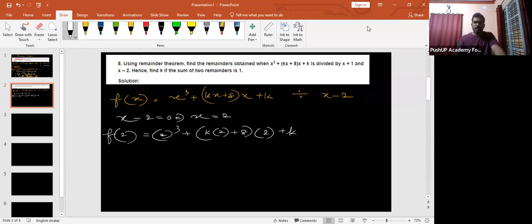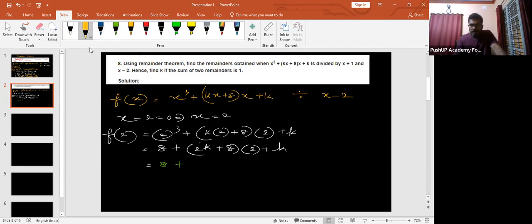I'm just substituting the values into it. 2 cube is what? 8 plus 2 into k is what? 2k plus 8 into 2 plus k. This is equal to 8 plus. Now children, this 2k will be multiplied with this 2 and also this 8 will be multiplied with this 2 since I have to open the bracket, right? 2k into 2 is what? 4k. 8 into 2 is what? 16 plus k.